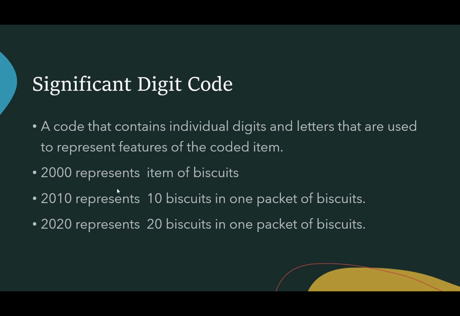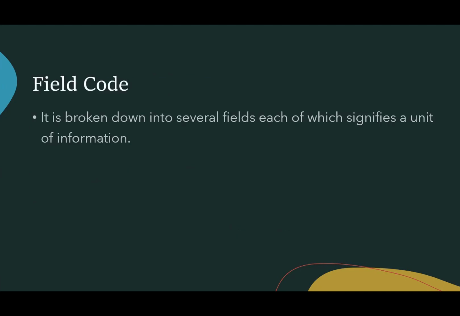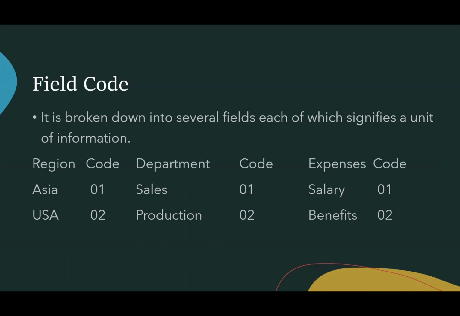So it's a code that contains individual digits and letters that are used to represent features of the coded item. You have field code. It is broken down into several fields, each of which signifies a unit of information. In this case, you have region, Asia, USA, with the code 01 and 02. Department, you have sales and production, with the code 01 and 02.